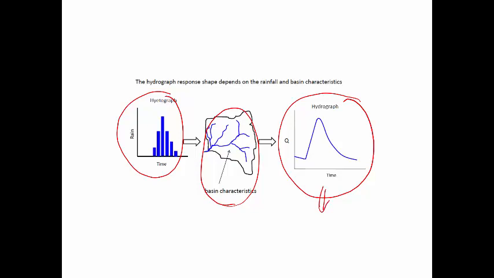This is very important because the hydrograph does not include all of the rainfall that's falling on that watershed, because it's as if I had a gauge at the exit of that watershed.